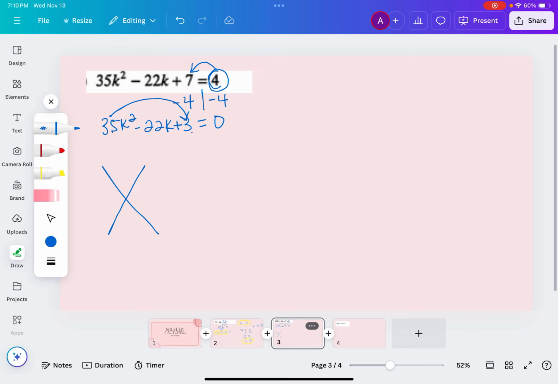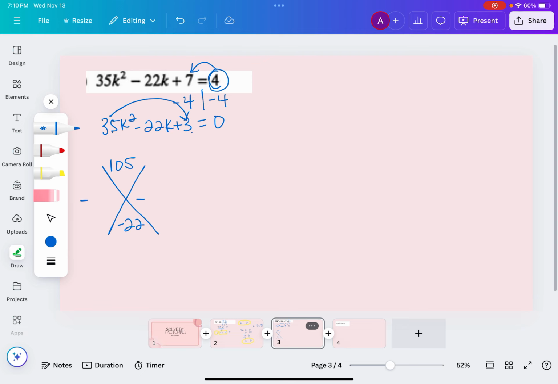So on this one, A times C, we have 35 times 3, which is 105. Negative 22 on bottom. So since I have negative, I know both my factors are going to be negative because I have a positive multiple and then a negative sum.